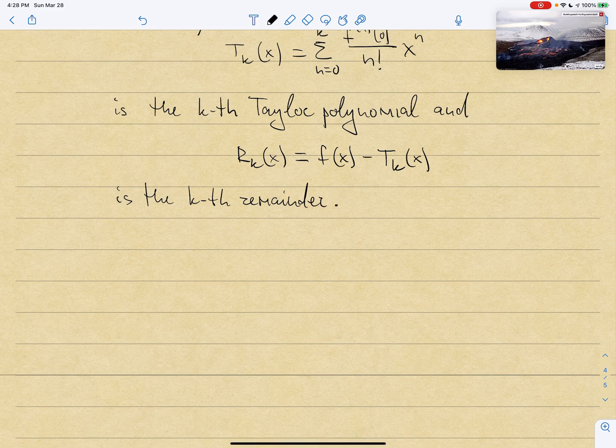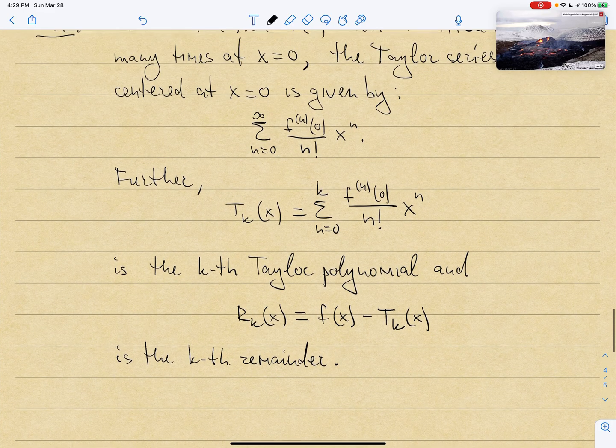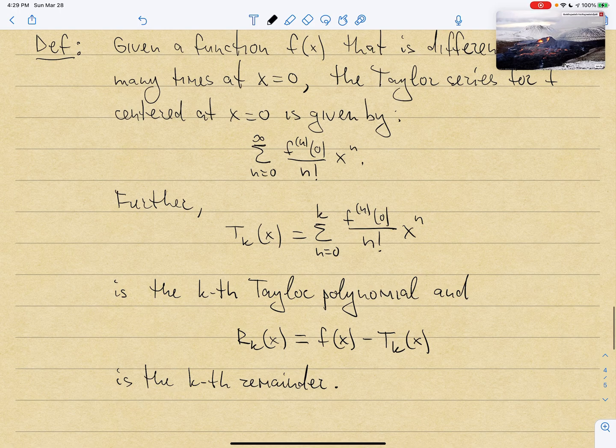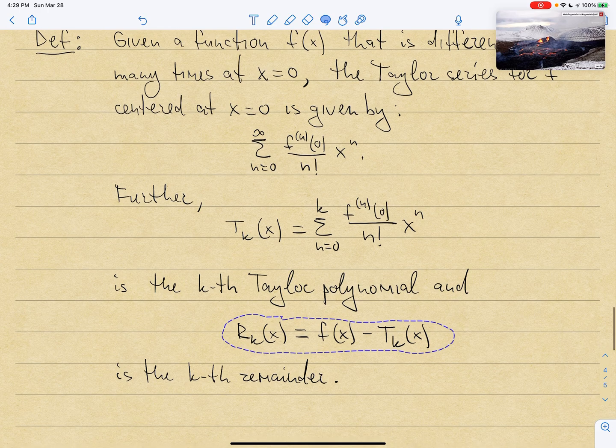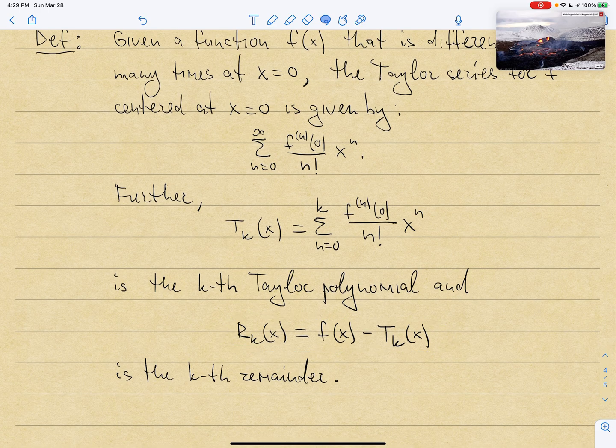And so, if we want to establish whether or not a function is equal to the sum of its Taylor series, then what we would need to demonstrate is that the difference, or the k-th remainder, is going to go to 0 as k goes to infinity at a given x, right? Okay, so that's what we need to show.